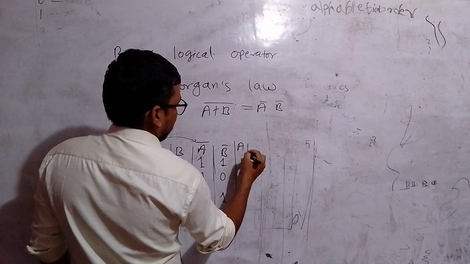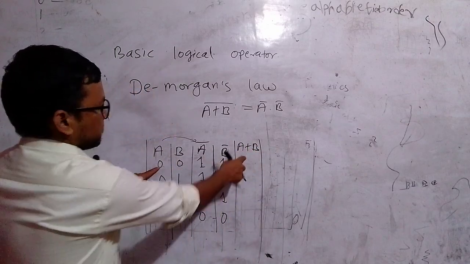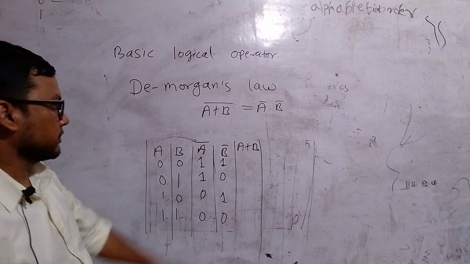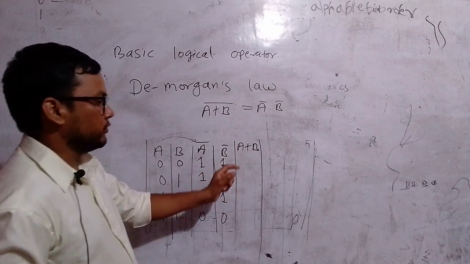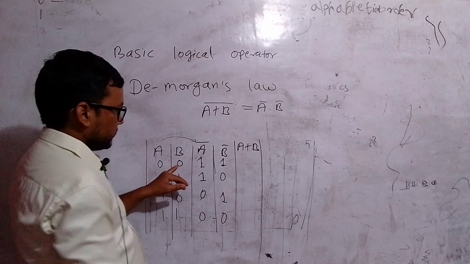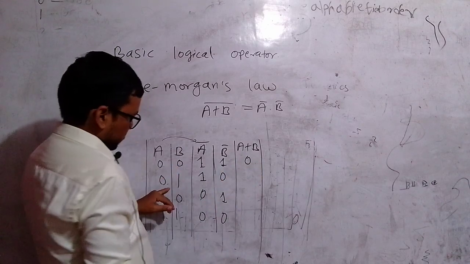A plus B. Plus here does not mean ordinary addition, it means the OR operation. The OR operation produces 0 only if both inputs are 0, otherwise it produces 1. All inputs are 0, thus it produces output 0.